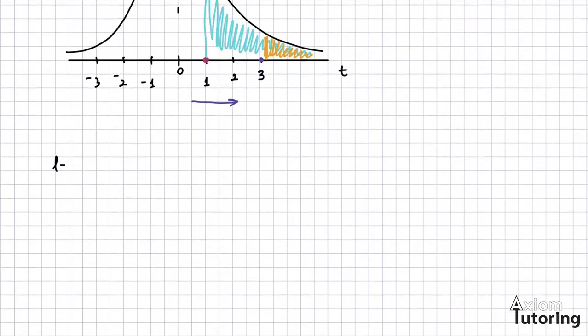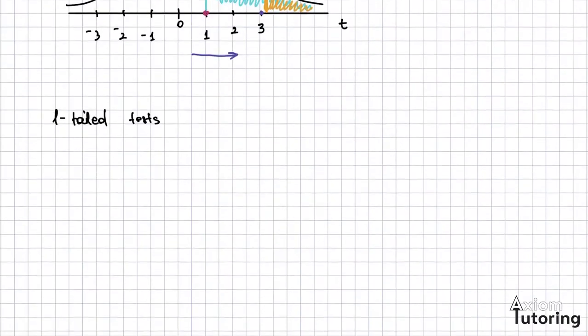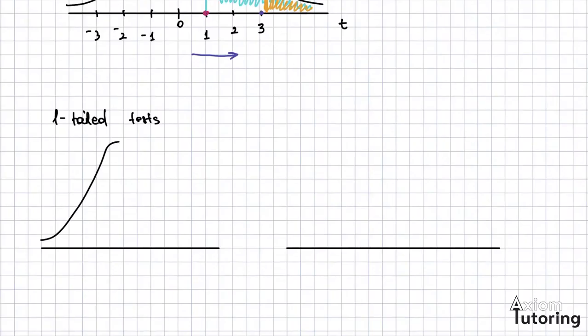So for one-tailed tests, let's say your alternative hypothesis was that the beta is bigger than 0, and let's make this the alternative that your beta was smaller than 0.